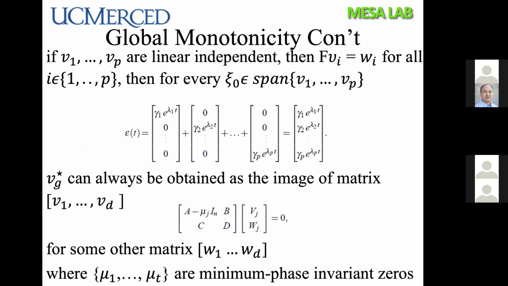So, considering lambda_1 until lambda_p belonging to the eigenvalues of the matrix, by applying this argument for all components of the checking error, we obtain a set of solutions: (V_1, W_1) until (V_p, W_p). If V_1 until V_p are linearly independent, we can choose F such that F V_i equals W_i.